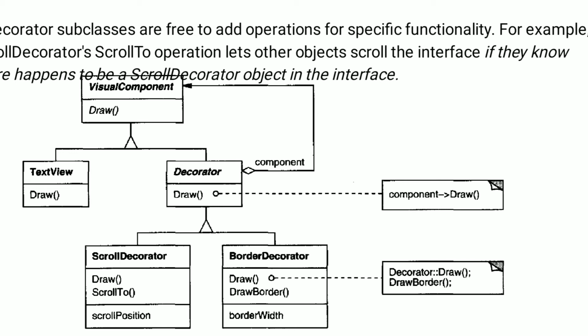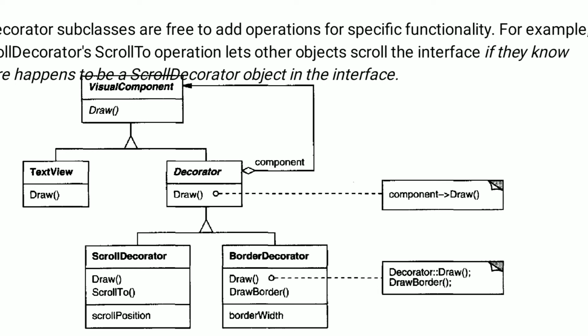One subclass is the scroll decorator, for scrolling the window up and down and left and right. And the border decorator; border means it has properties like border width to draw the border. And the scroll decorator has properties like draw, scroll to, and the scroll position.